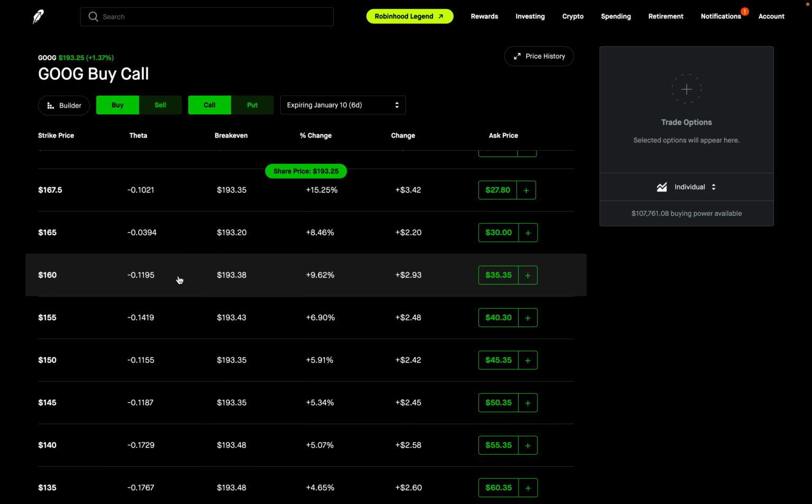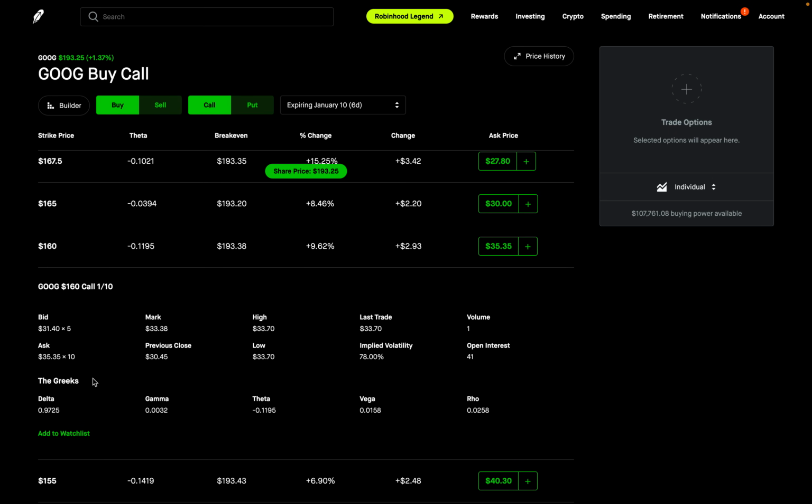So remember, if I click on one of these options, we have the Greeks, and under the Greeks, one of the Greeks is delta. So for example, this in the money call option for Google has a delta of 0.9725. And remember, each call option controls 100 shares. So we need to multiply this by 100. So we get 97.25.